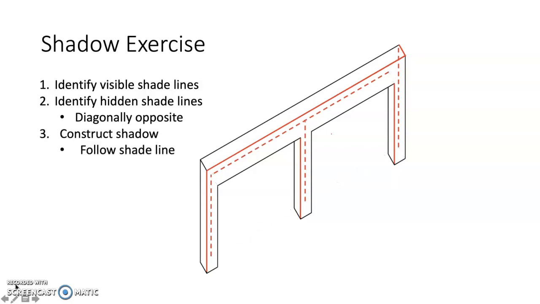To construct the shape of the shadow, we're going to construct the shadow following the shade line. We're going to start with a shade line that is vertical and touches the surface that our shadow will land on. So in this case, we're going to start with the shadow of the vertical line on the front bottom corner.